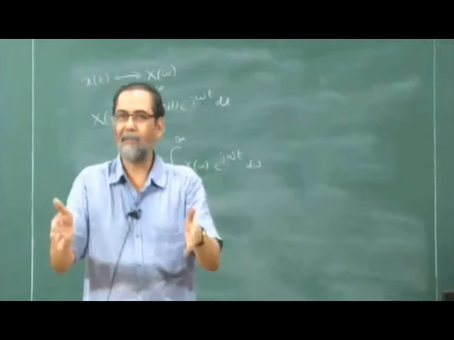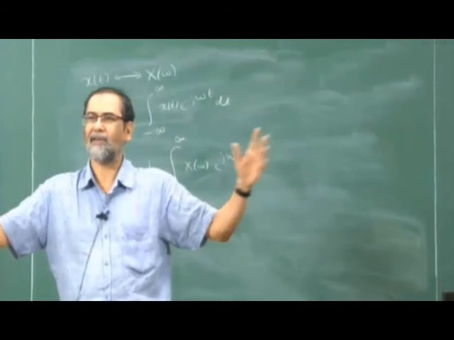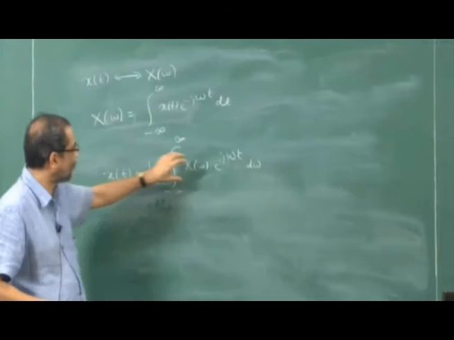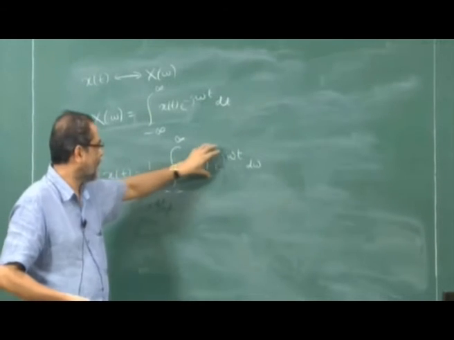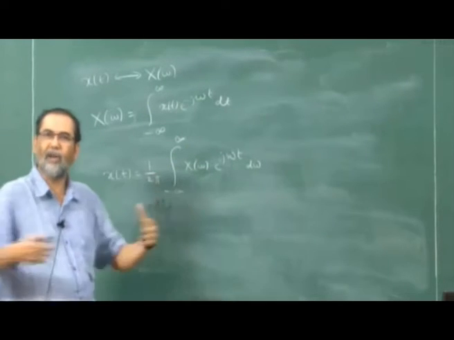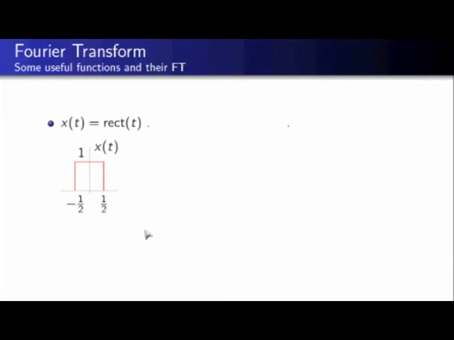It could be time limited, defined only between a and b, or defined between minus and plus infinity; it doesn't matter. So x of t consists of an infinite number of complex exponentials. Each has a certain amplitude, and they all add together in a vectorial sense.